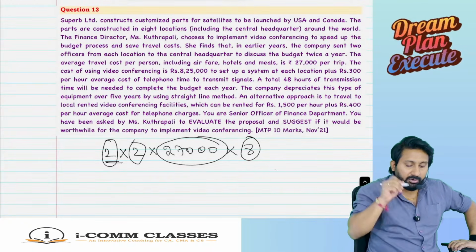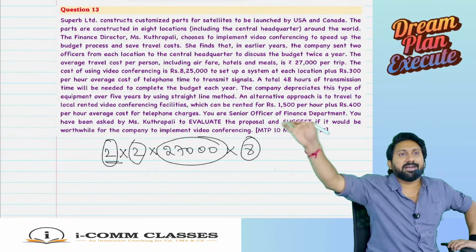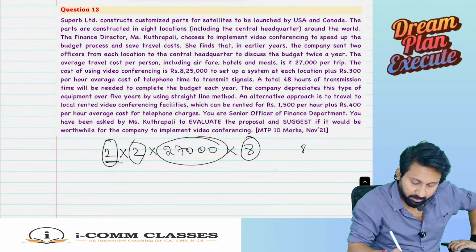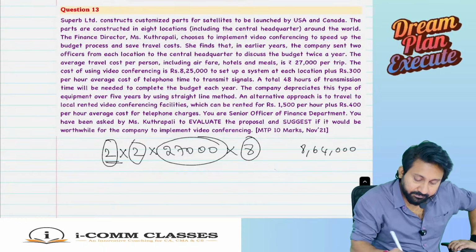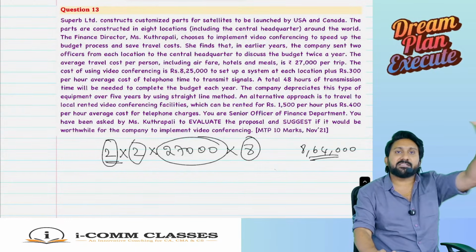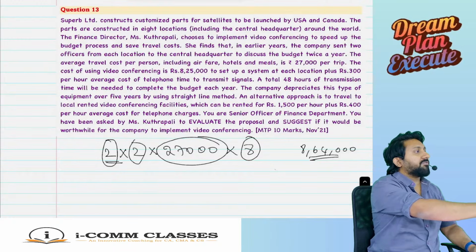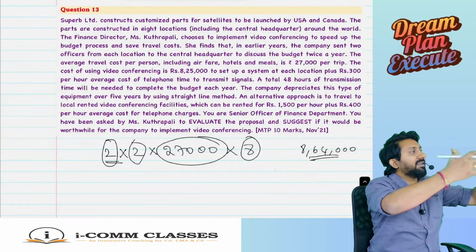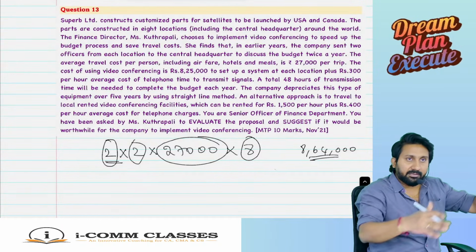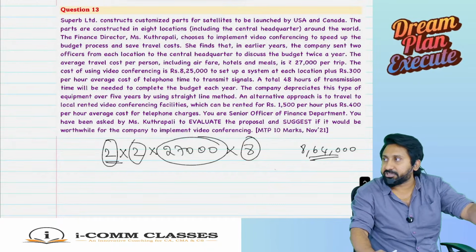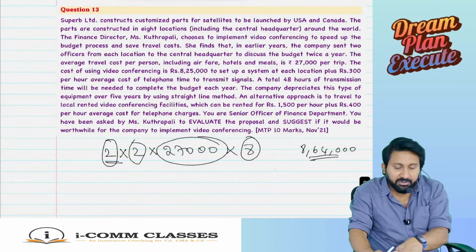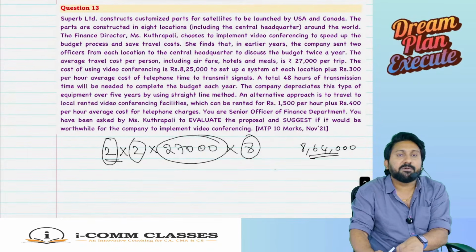Calculate it: 2 into 27,000 into 8. That's it. This is my existing cost. If you don't have video conferencing, if you give these particular people the chance to travel out and take a decision, the travel cost I need to spend is 8,64,000. Up to here, everyone understood clearly?